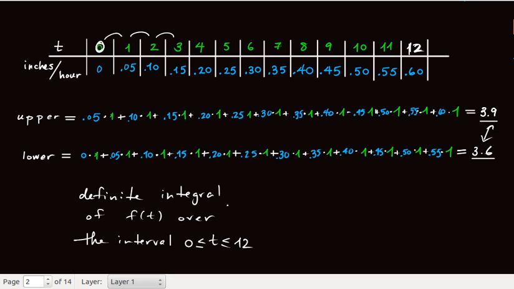Now this is a lot of words to remember, so we use some notation to represent this. So instead of writing that, I'm going to write 0 to 12, and then I'm going to write f of t dt. Okay, what are these things? Well, actually the f of t should be colored blue because it represents values of the function, like I've been using before. And what the heck is that dt thing?